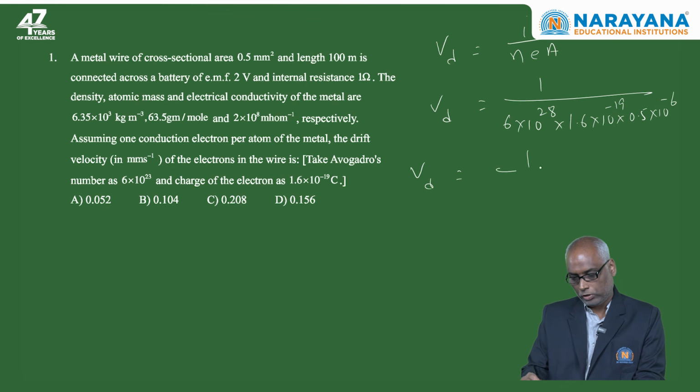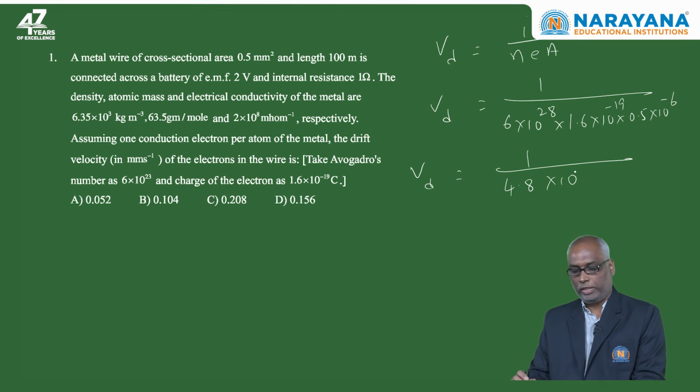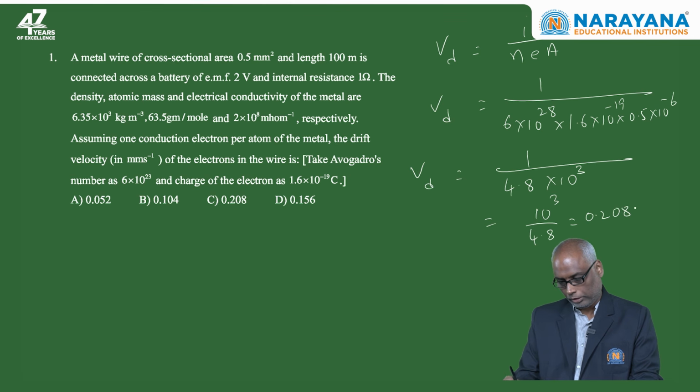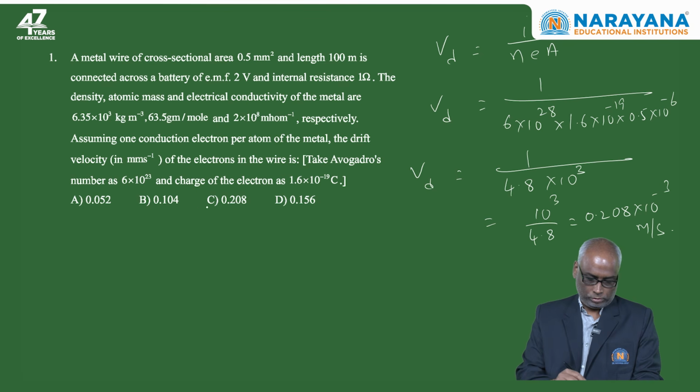Drift velocity equals 1 divided by 6 into 0.8, which is 4.8 into 10 to the power of 28, 10 to the power of minus 19, 10 to the power of minus 6. So, you are going to get 10 to the power of 3 in the denominator. This value is 10 to the power of 3 divided by 4.8, which is nothing but 0.208 into 10 to the power of minus 3 meter per second. So, this should be option C.